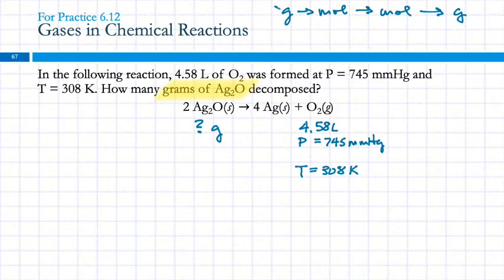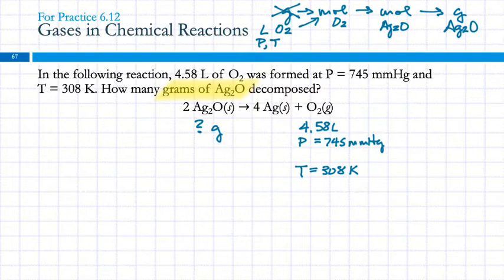So instead of grams of oxygen, I've got liters of oxygen, and I know the pressure and the temperature. Using that and the ideal gas law, I can find the moles. Moles of O2, and stoichiometry, I have a 2-to-1 ratio. I can find moles of Ag2O. And then molar mass allows me to find grams of Ag2O.